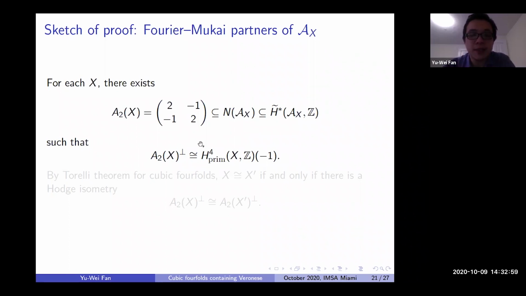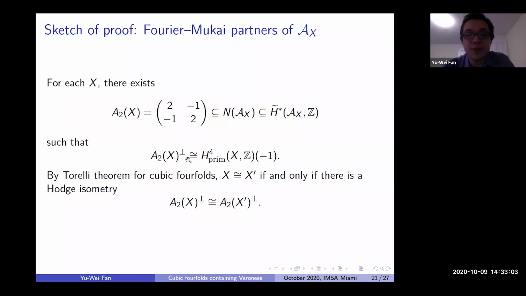The property that we're going to use is that the perp of A2 in the Mukai lattice is isomorphic to the primitive homology of X. So by the Torelli theorem for cubic fourfolds, two cubic fourfolds are isomorphic if and only if their A2 perps are Hodge isometric.